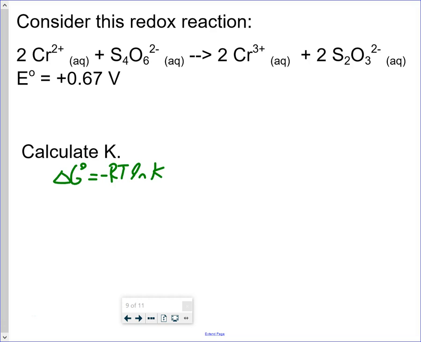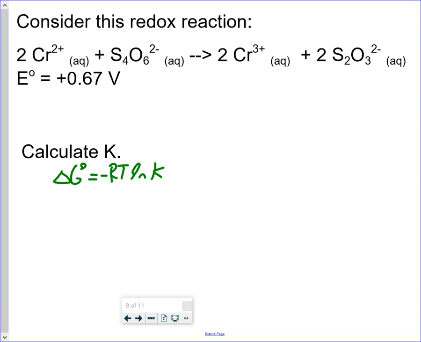All right. We're at standard conditions, so we know our temperature is 298. R is simply going to be the gas law constant in terms of joules per mole times Kelvin. And then we can rearrange this, use the Gibbs free energy that we just solved for, and solve for our large value of the equilibrium constant, K. So let's plug this in.